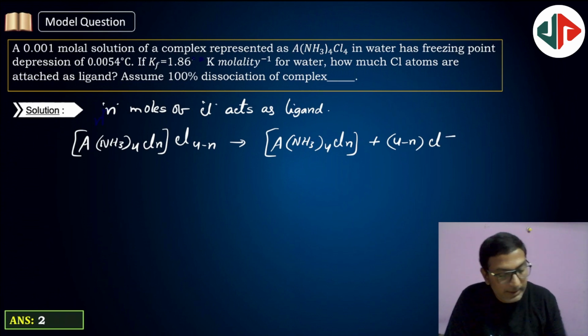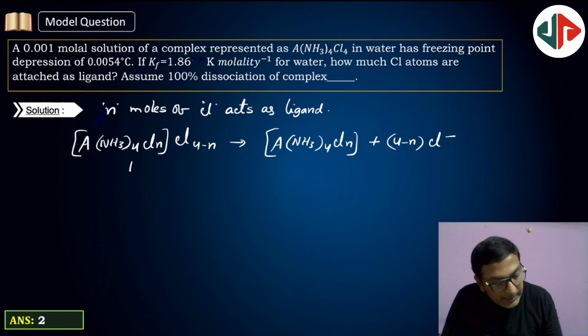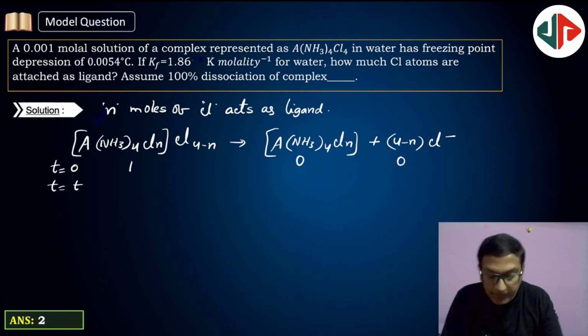This is the dissociation. So take here initially 1, 0, 0 at time t equal to 0. So after some time, completely dissociated, that means 100% dissociation, therefore it gives 1 and here 4 minus n ions.